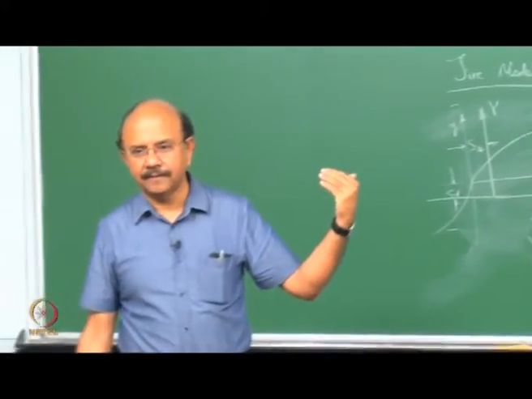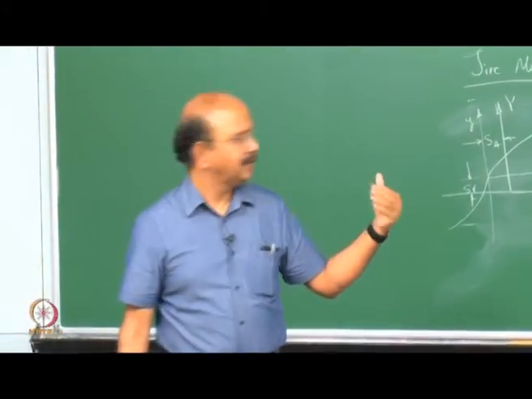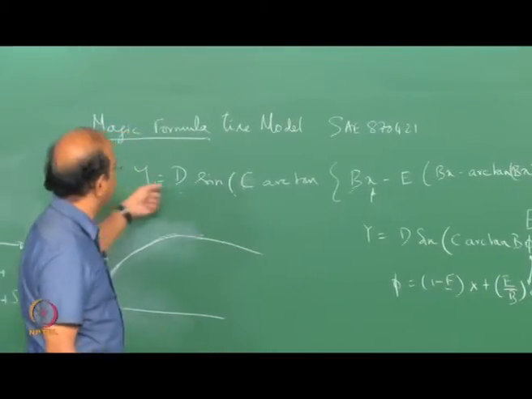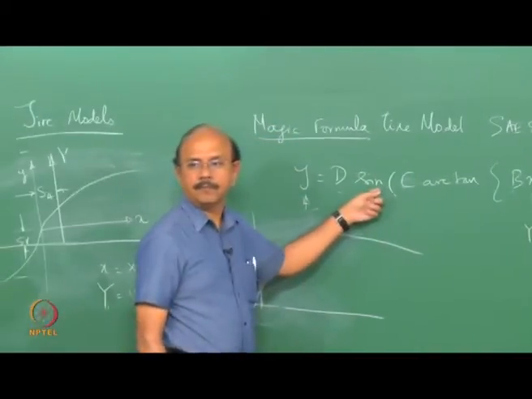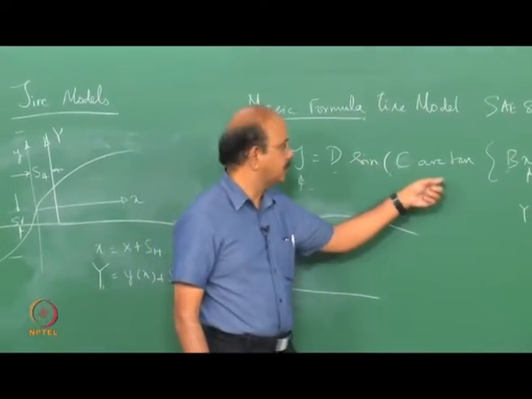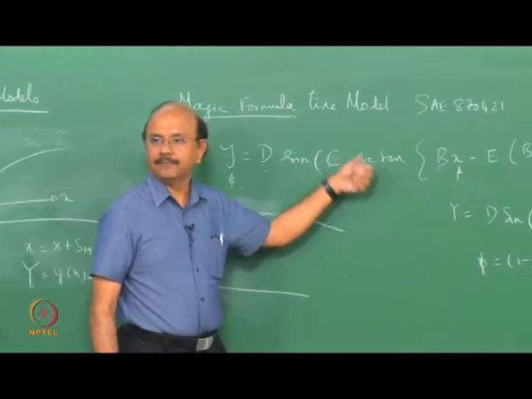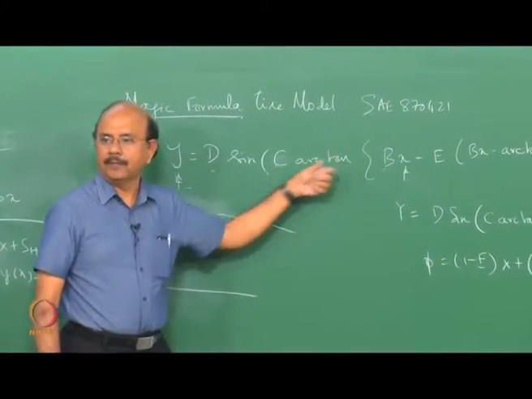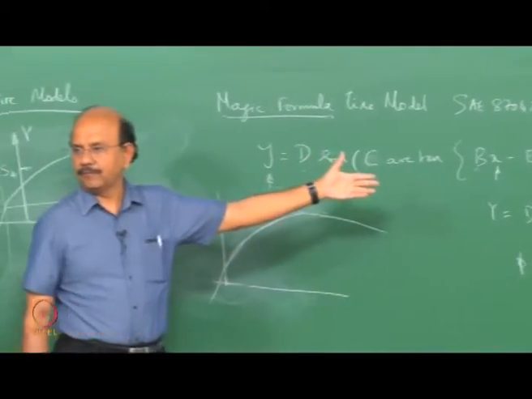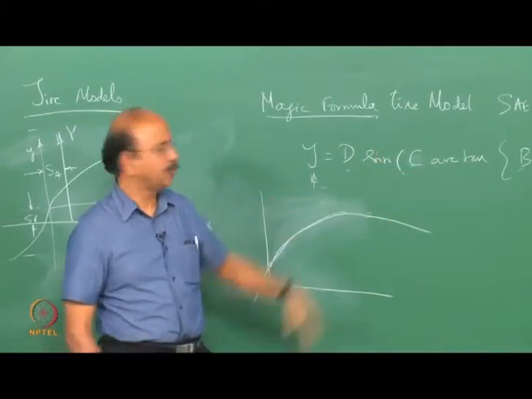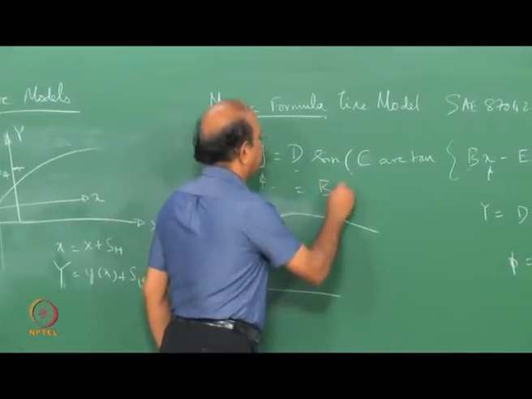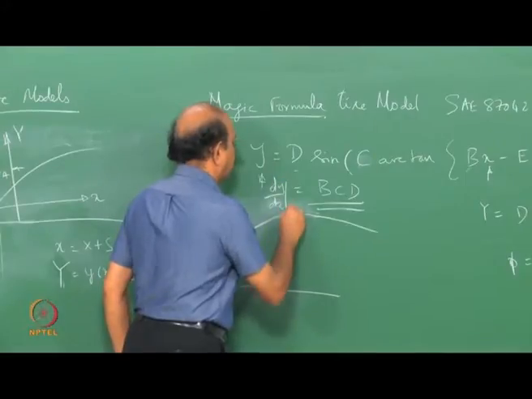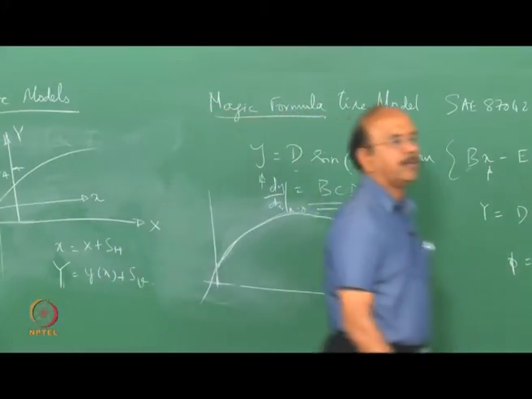dy by dx. Differentiate it. Whatever is inside, then the arctan gives 1 by 1 plus x squared, and so on, and then put x equal to 0. So dy by dx at x equal to 0 would become BCD.